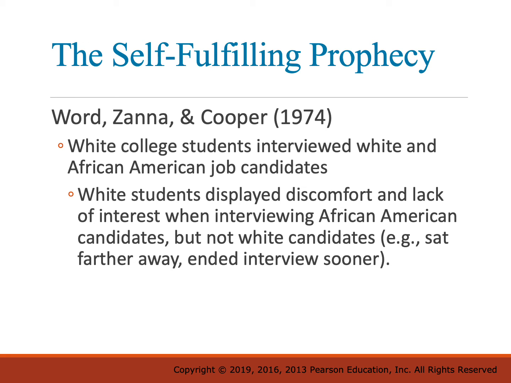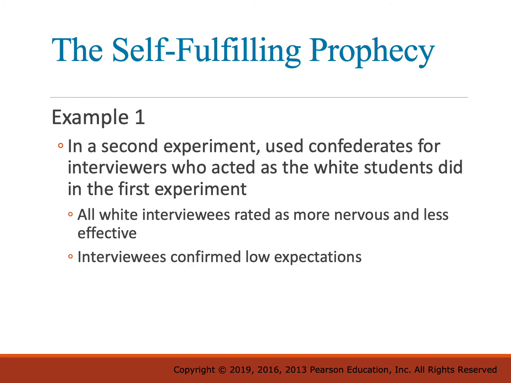Okay, so what happened? In the second phase of the experiment, what they called the second experiment, they used Confederates as interviewers who acted like the white students had when they were interviewing the African American candidates in the first experiment. And they measured how this affected the white interviewees.